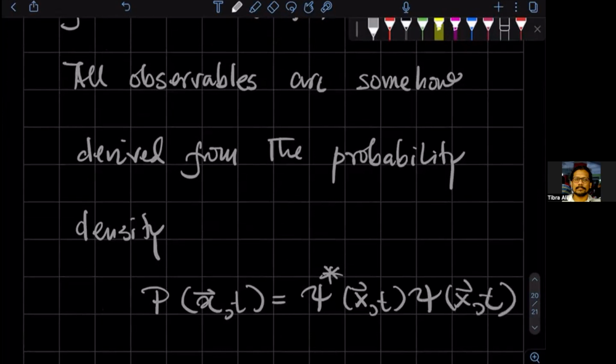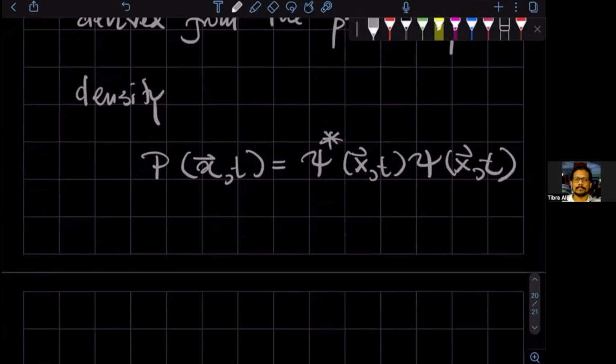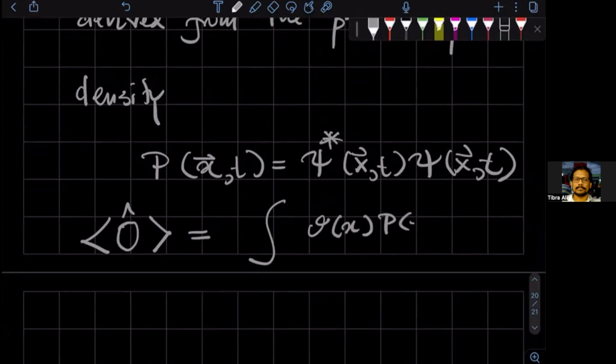Okay, so this is the probability density. So for example, if I have some observable O, which is a Hermitian operator, I want to compute its expectation value, then we express it in some position basis, and it has some eigenvalue spectrum, and we basically multiply it with the probability and integrate it, very roughly speaking. Okay, so what I'm trying to say is that this is something of central importance.